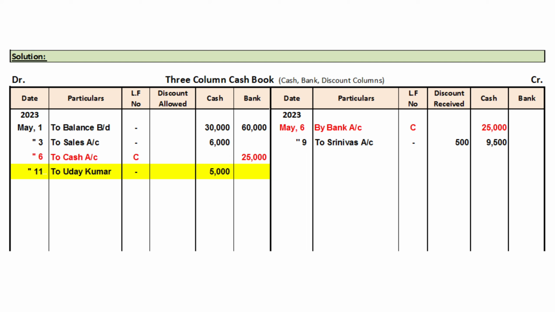If the information is available in the problem, it is recorded in the bank column on the debit side. If no information is available in the problem, it is to be treated as a cash receipt and the amount entered in the cash column on the debit side.